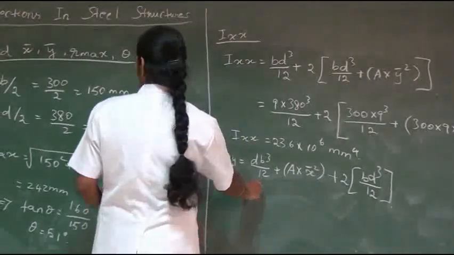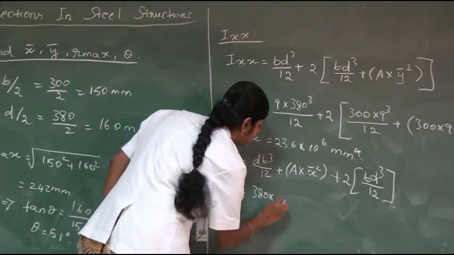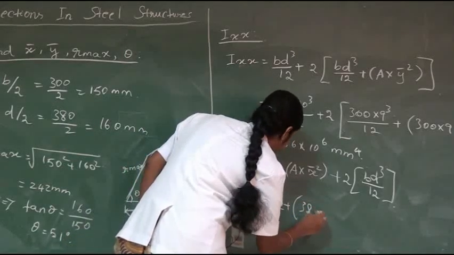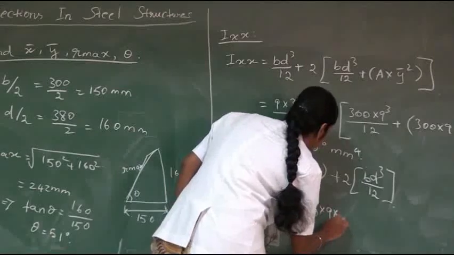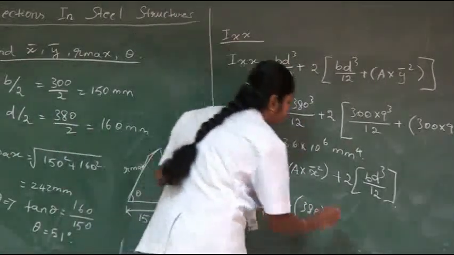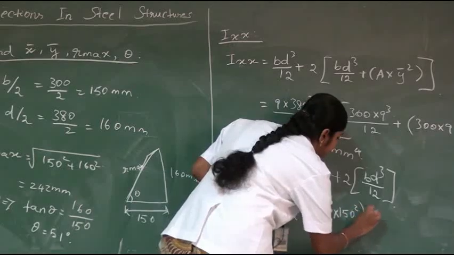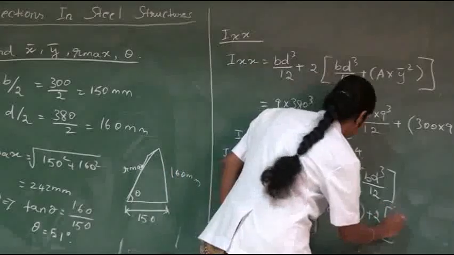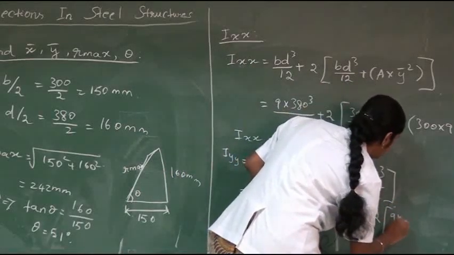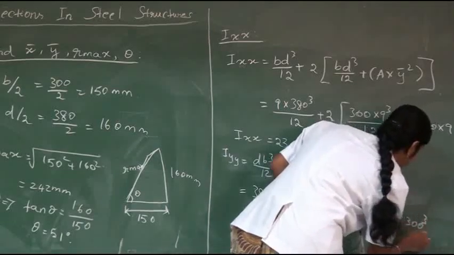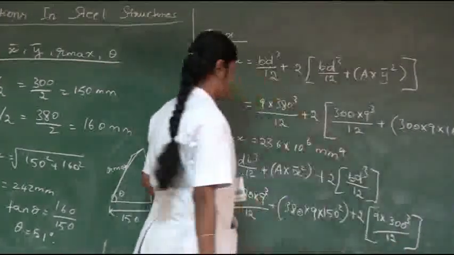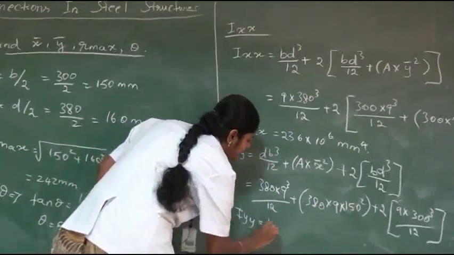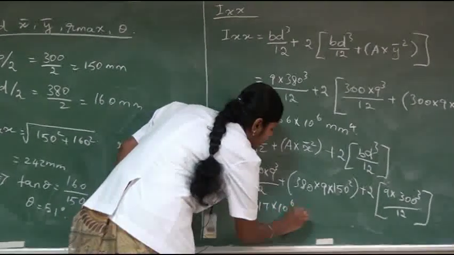For this, the depth is 380 into breadth 9 cube divided by 12, plus the area 380 into 9 into x bar, which is 150, therefore 150 squared, plus 2 into the breadth 9 into 300 cube divided by 12. By resolving this, we get Iyy is equal to 117 into 10 to the power 6 mm power 4.